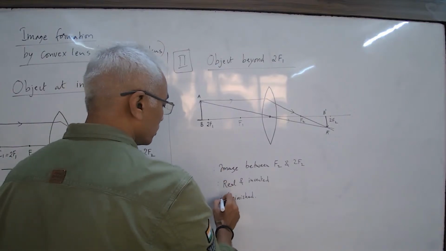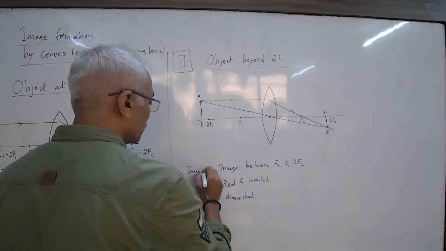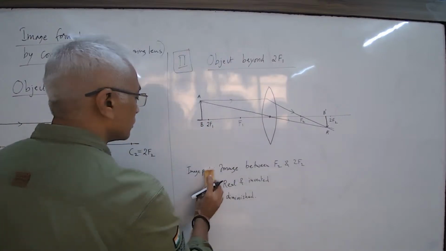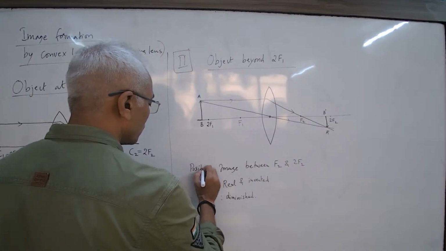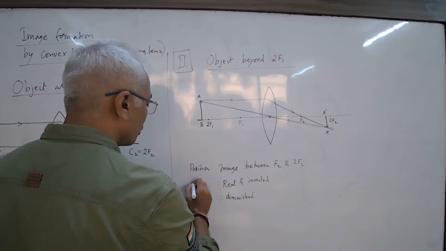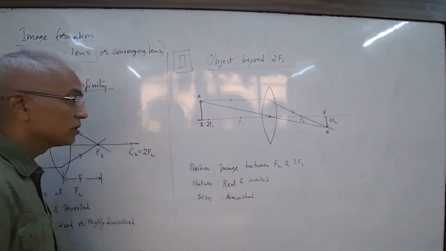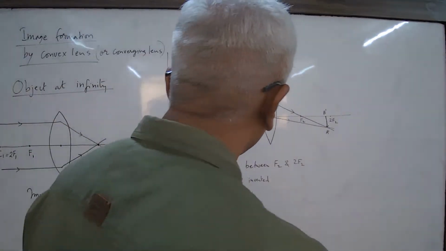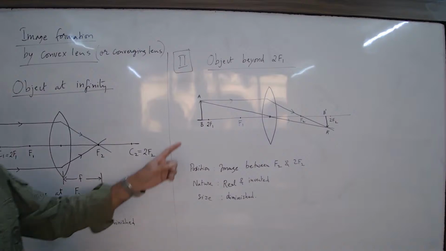So the image position, nature and size, these three things you have to write for all object positions.